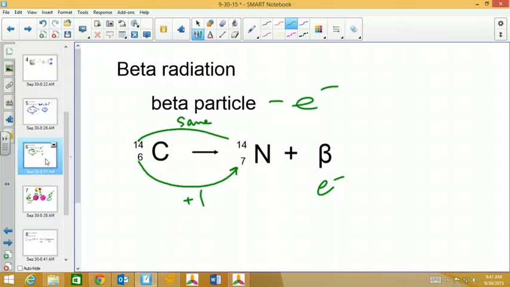Right, exactly. Mass number is staying the same, add 1 to the atomic number. That's exactly right. If you have beta decay, mass number is the same, atomic number adds 1. It's absolutely correct.